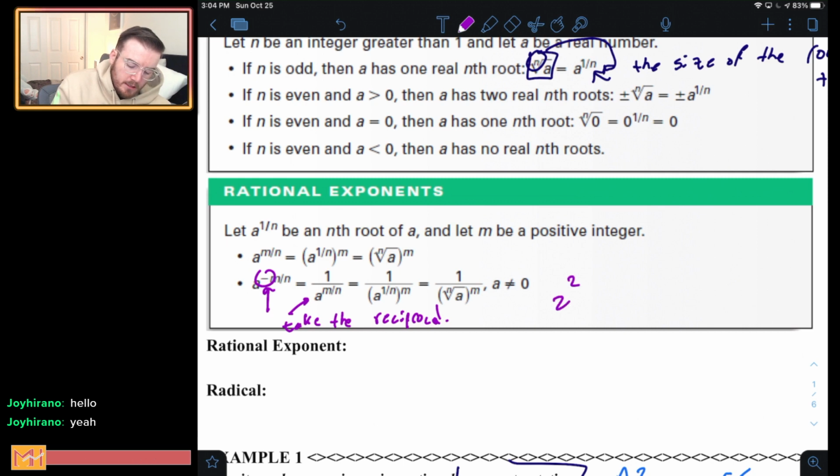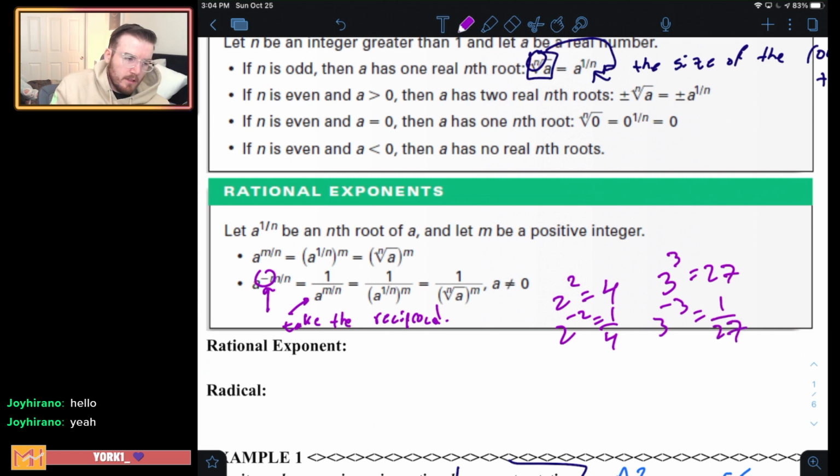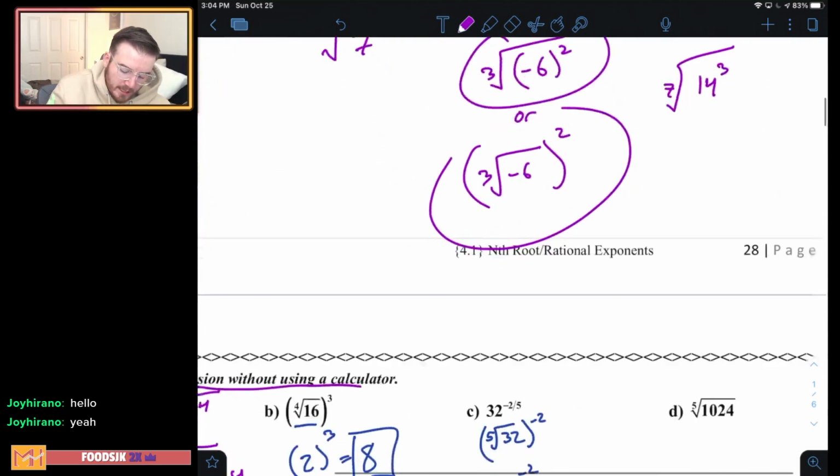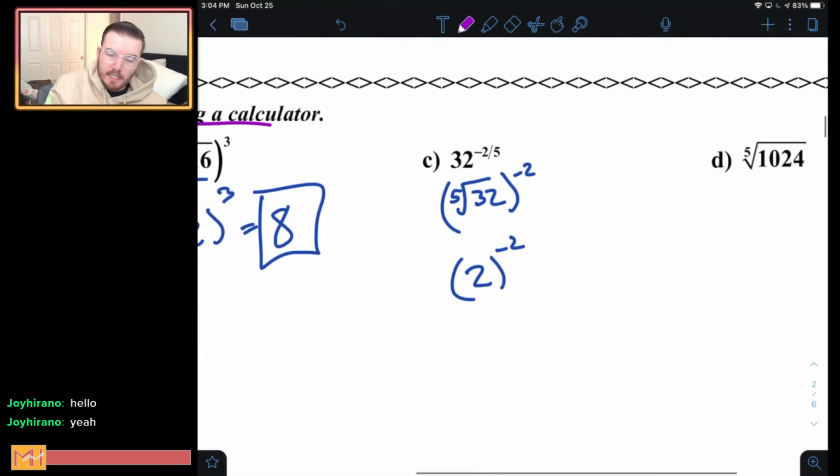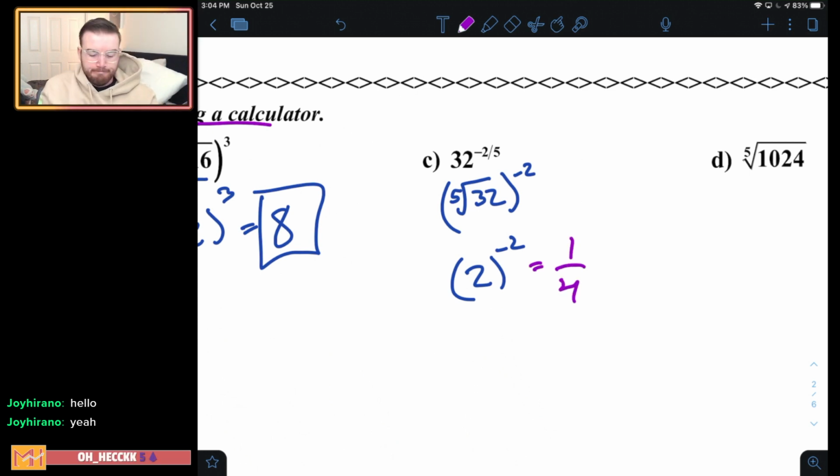What's 2 squared? That's 4. What's 2 to the negative 2? That's 1/4. What's 3 cubed? That's 27. What's 3 to the negative 3? That's 1 over 27. Taking the reciprocal, just simply flipping it. So, what's 2 squared? That's 4. What's 2 to the negative 2? 1/4.